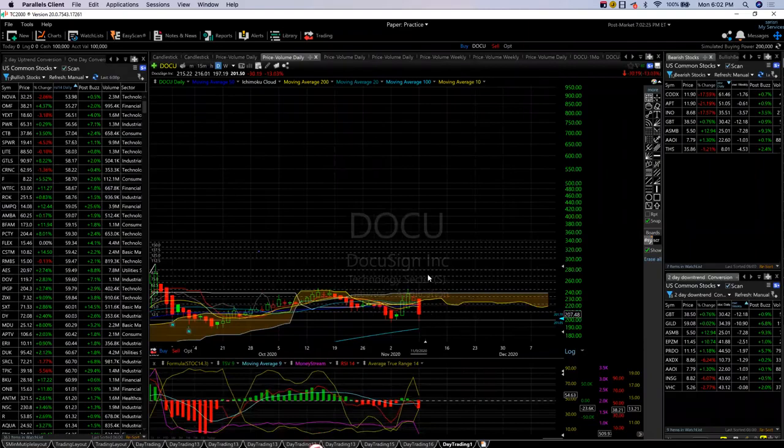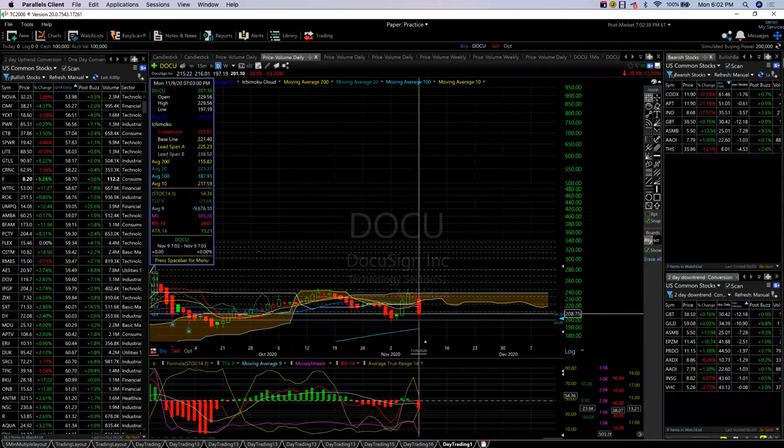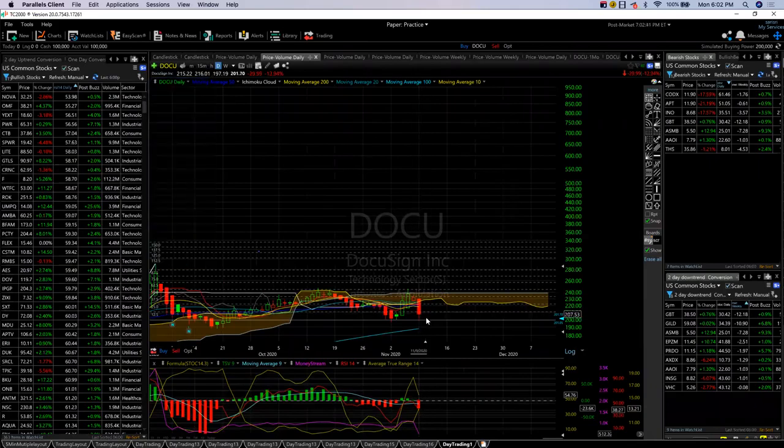So we have to wait and see if some price action will take this above. It is looking like a flat line here, the lead span B. Whether it will stay above it or not is the first question we have to look at. But it has again formed one bar. If it forms three bars, then we want to be a little bit cautious on this. Okay. Anything else?